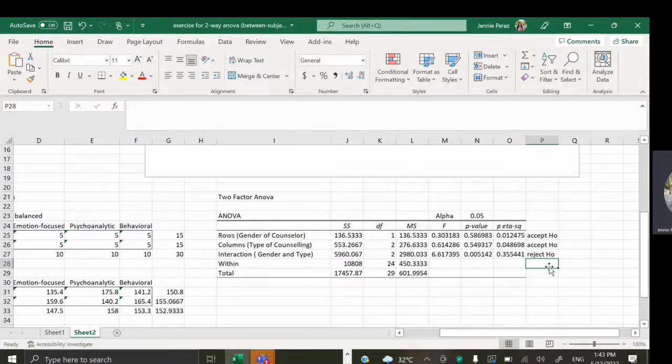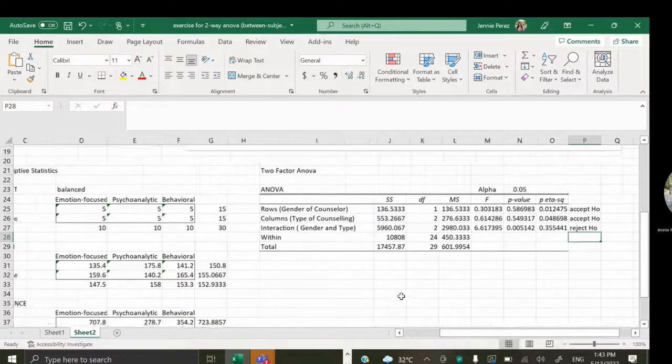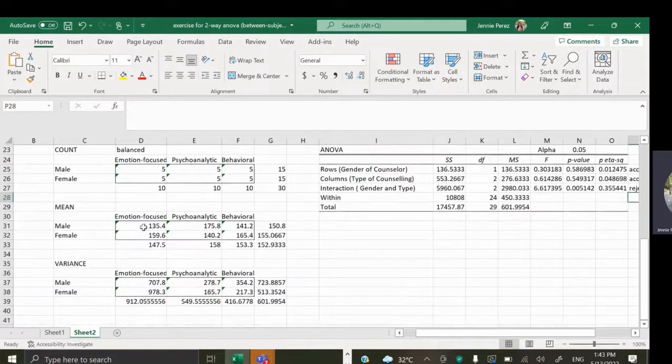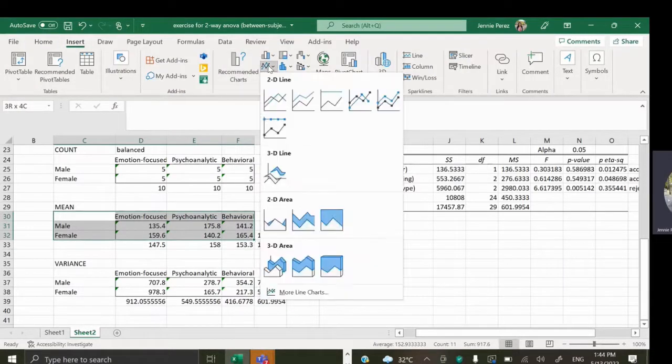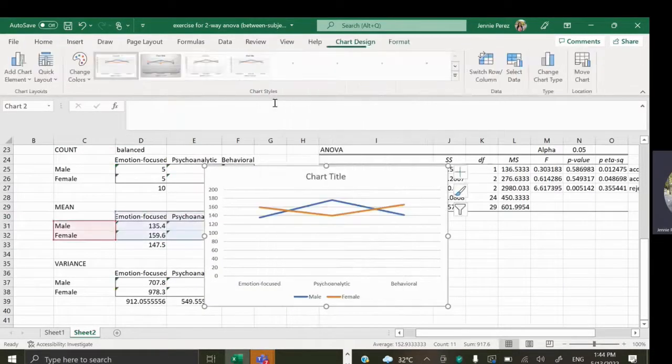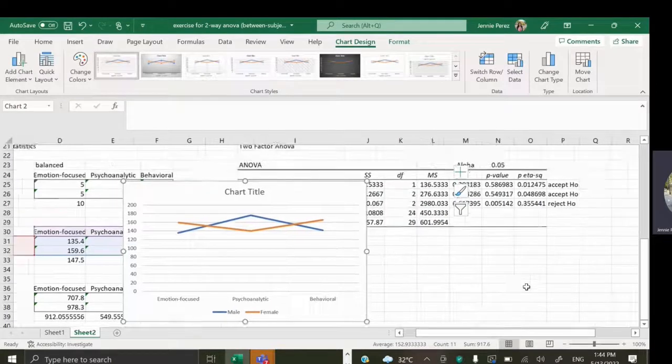So let us try to see the graph here. We look at the mean scores in our descriptive statistics, and we will plot a graph. How does it look if we draw a line chart?